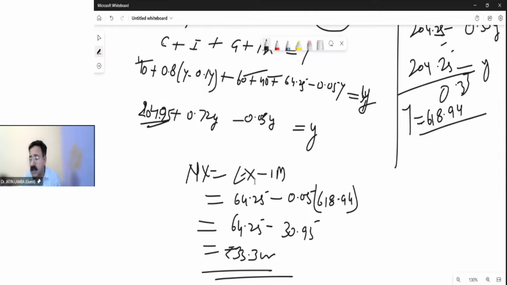But last thing I am going to tell you, someone has asked, sir, how investment multiplier has to be found in 4 sector model. So there is a formula in 4 sector model. The investment multiplier formula will be the same, right?